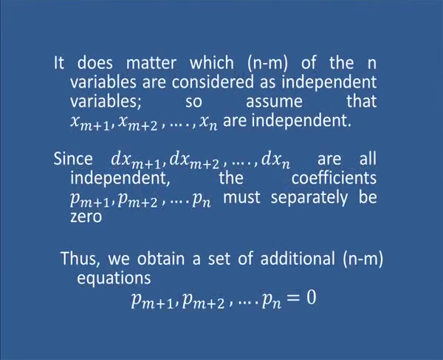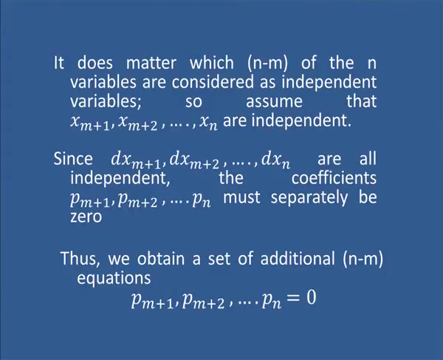It does not matter which n minus m of the n variables are considered as independent variables. So, assume that x m plus 1, x m plus 2 and so on up to x n are independent variables.